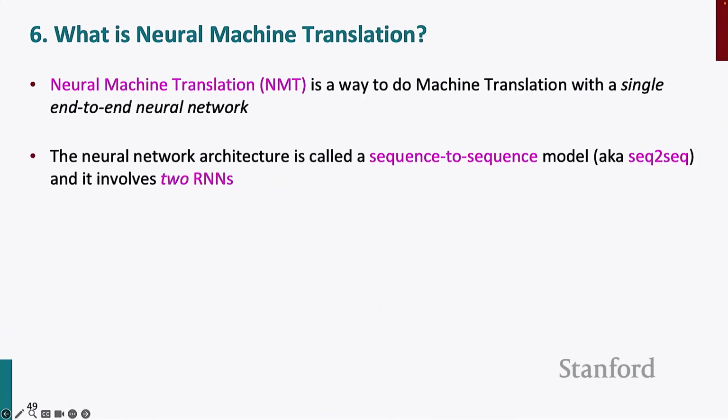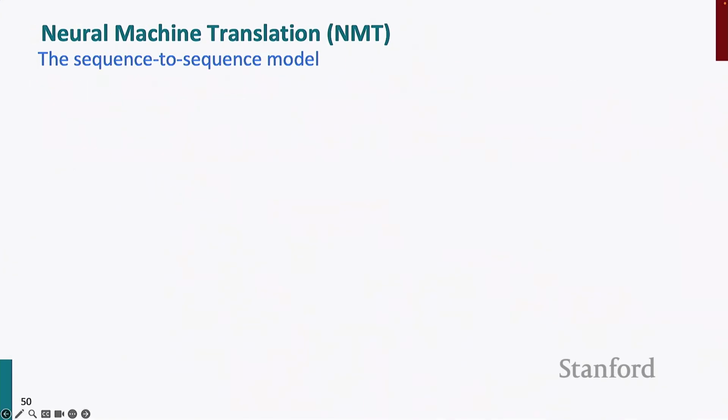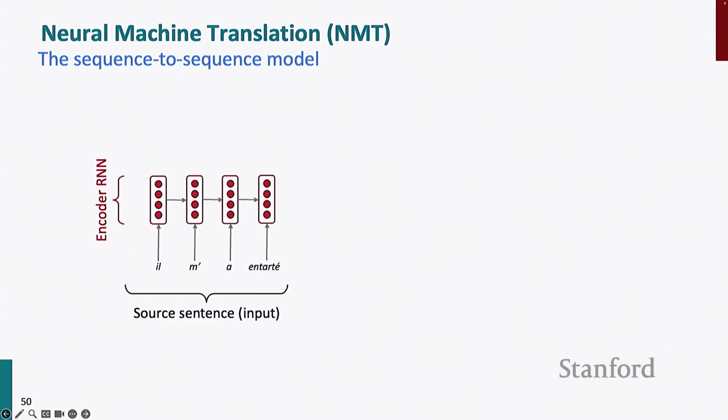So we built it with a sequence-to-sequence model. So that sounds like our LSTMs, but it's meaning that we're going to have two of them, one of them to encode the source sentence, and one to produce the target sentence. So that's what we're building. For the source sentence, here it says RNN, but let's just think LSTM because that's what we're going to use in practice. It's much better.